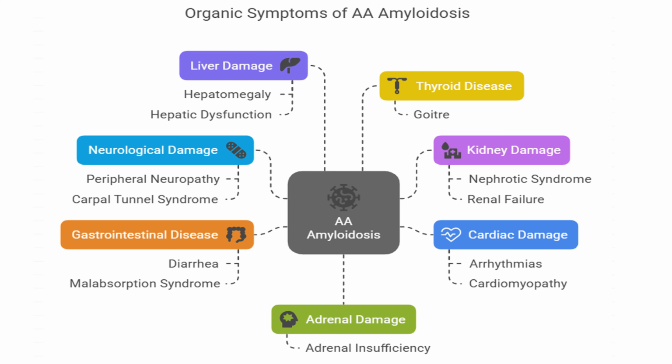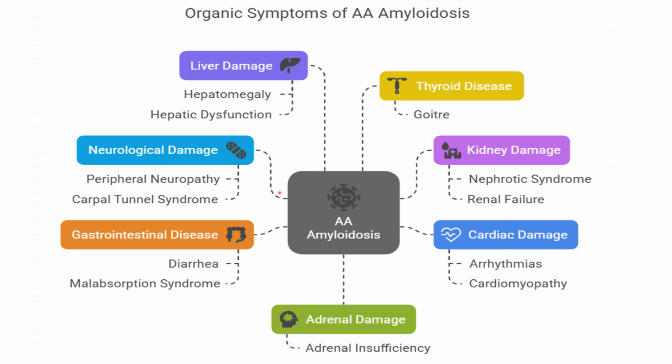Here we can see the most common organ symptoms of AA amyloidosis, and it generally starts with kidney damage with nephrotic syndrome and renal failure. Second, thyroid disease. Also always gastrointestinal disease, which can be asymptomatic at first, but at the end we have diarrhea and malabsorption syndrome.